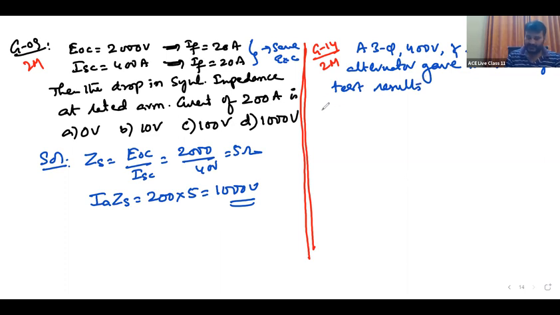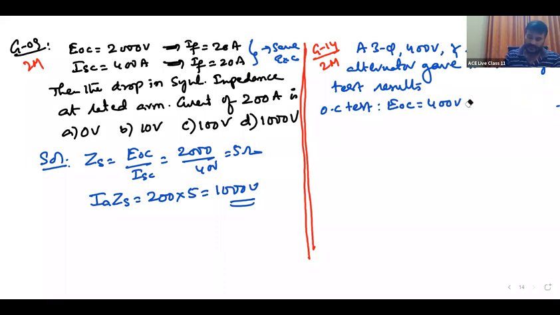The OC test: EOC is equal to 400 volts, line to line, at IF is equal to 2.3 amperes.